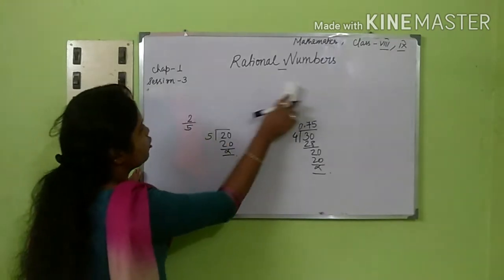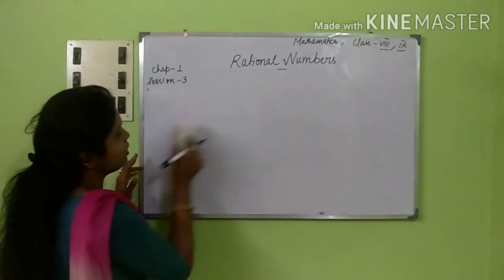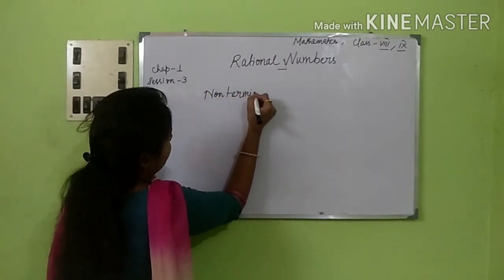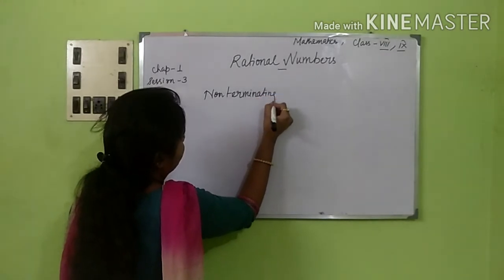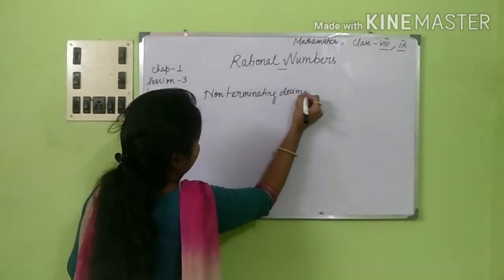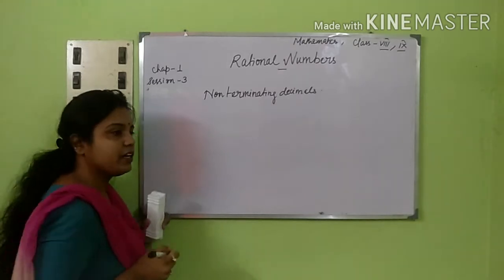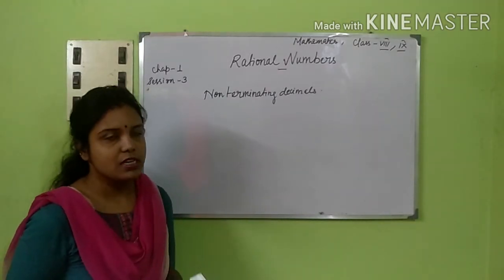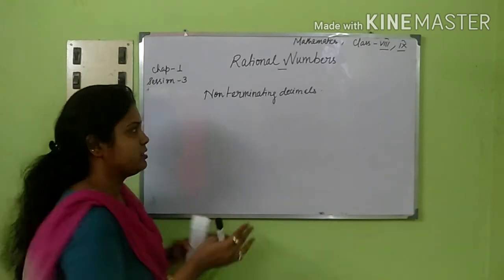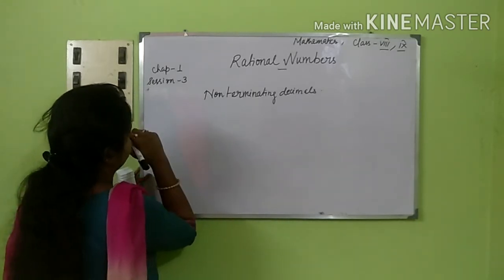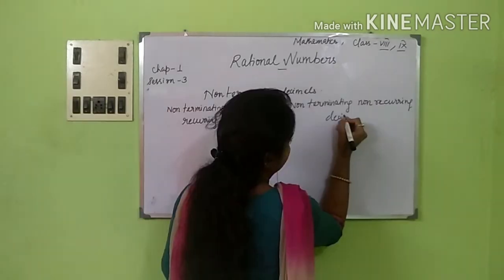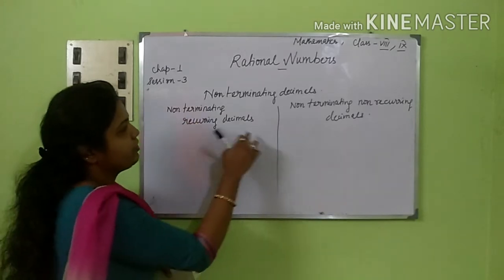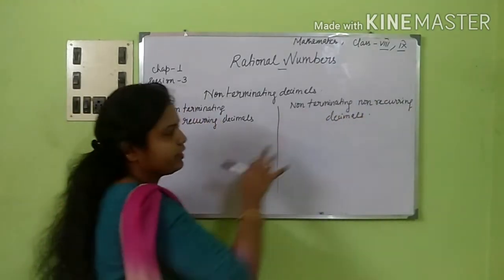Now coming to non-terminating decimals. Within this non-terminating decimal, there will be two types: non-terminating recurring decimals and non-terminating non-recurring decimals.